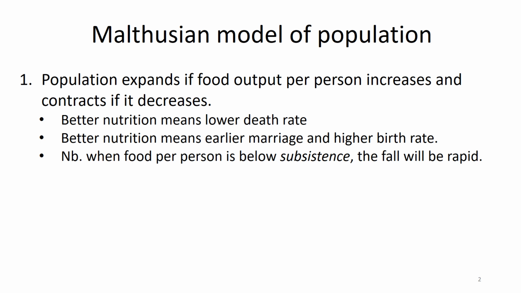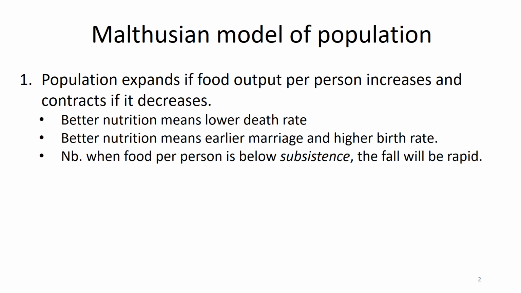The idea here is that when people have better nutrition because there's more food, they are more resilient when it comes to diseases and so forth, and that will tend to lower the death rate and thereby increase the rate of population growth.